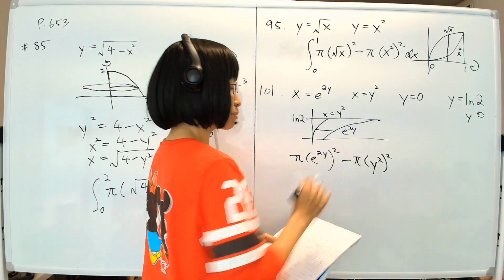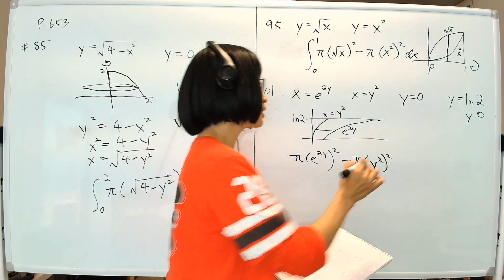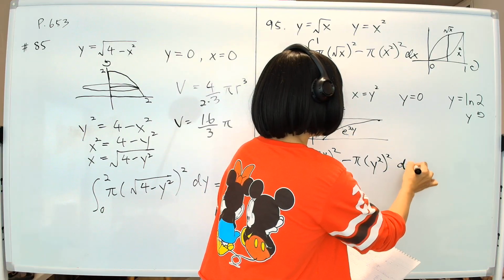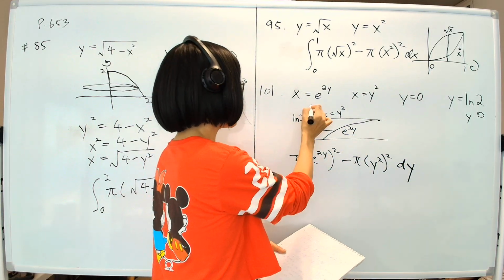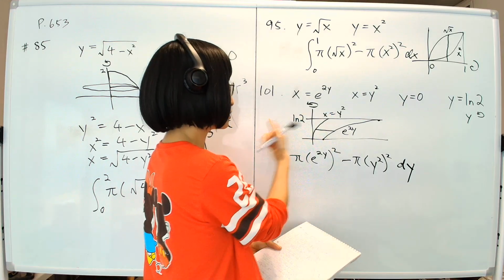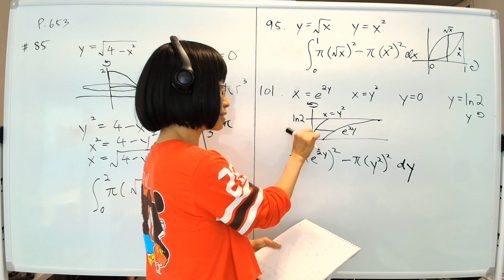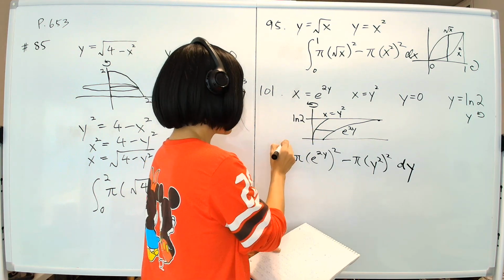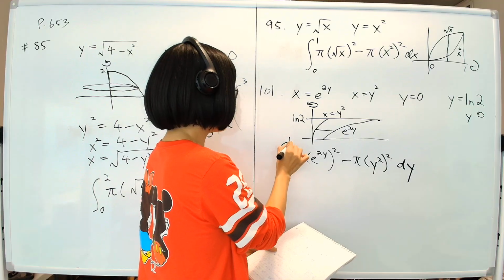Once you've done the subtraction, that's the area of the washer, and then you integrate with respect to dy because we're spinning around the y-axis. Very important. We're spinning this way, so this circle increments this way. So delta y is this little slice in the y direction, and we'll sum this thing up from 0 to natural log of 2.